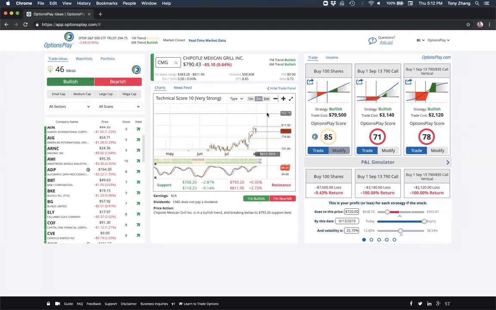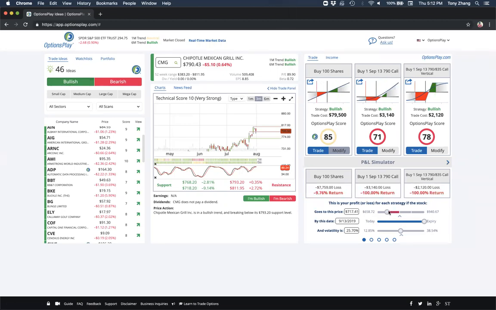I don't know how much room there is, but let's say the stock rallies up to 860. As you can see here, if this stock rallies up to that 860 level, you make an 8% return on the stock or 122% return on the call option. Those are the types of returns that I'd be trying to shoot for if I'm buying a call option, while at the same time trying to protect myself.